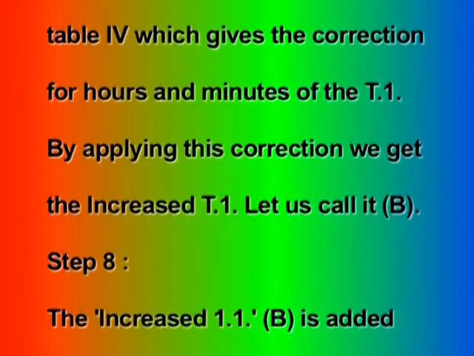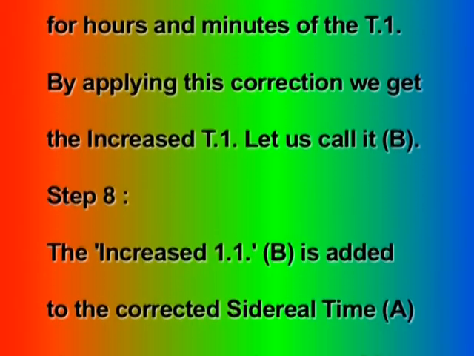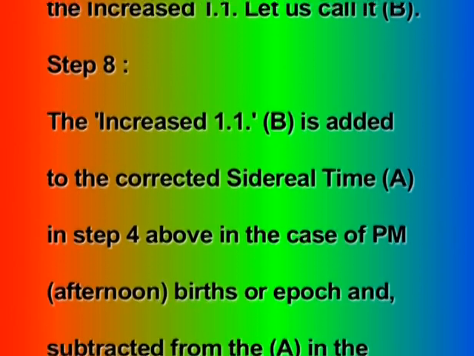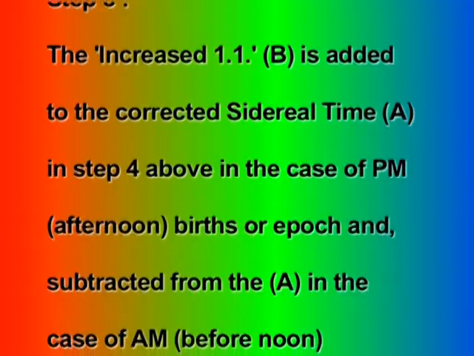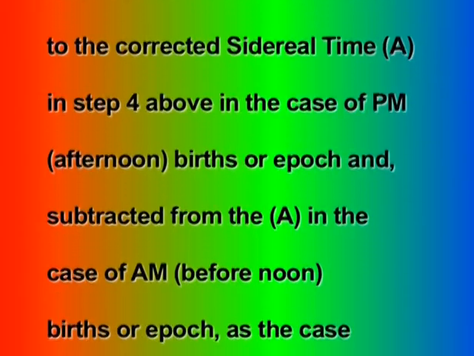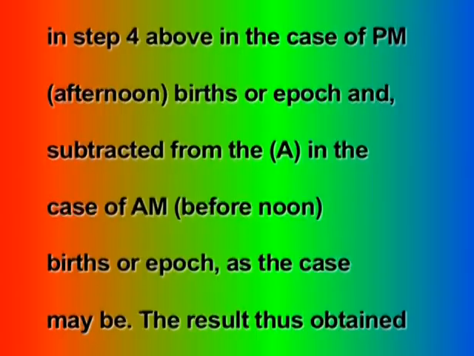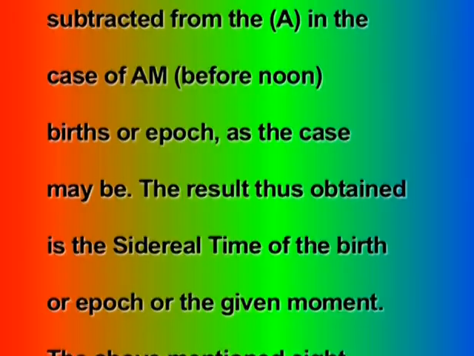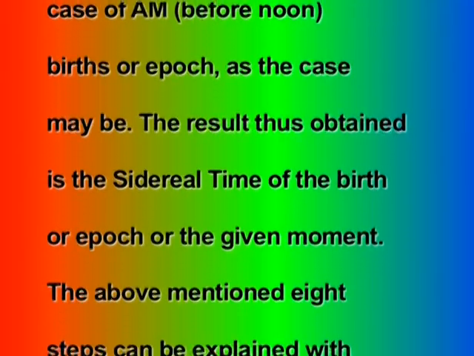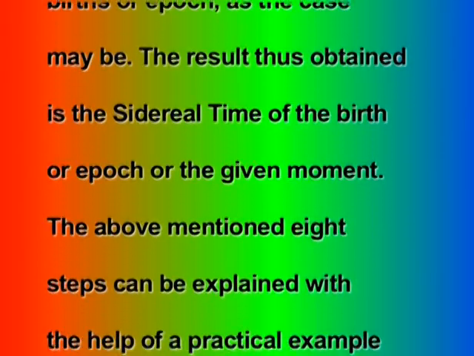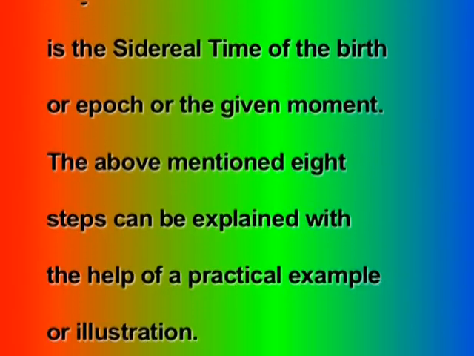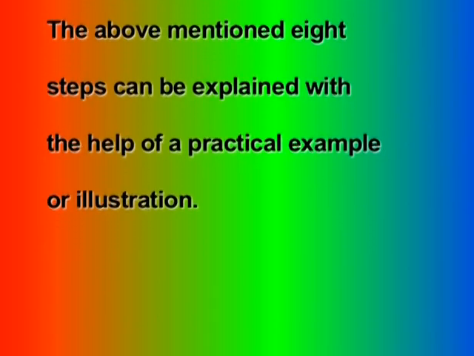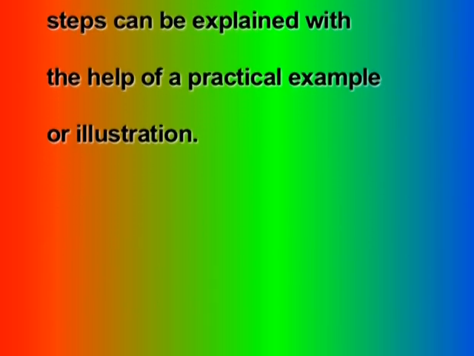By applying this correction, we get the increased time interval B. The increased time interval B is added to the corrected sidereal time A in step 4 in case of PM births or epoch, and subtracted from A in case of AM, before noon births or epoch, as the case may be. The result thus obtained is the sidereal time of the birth.